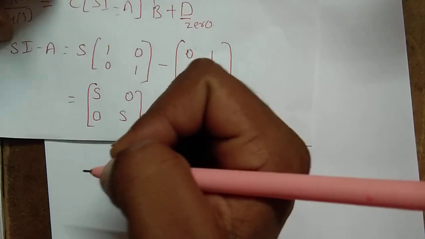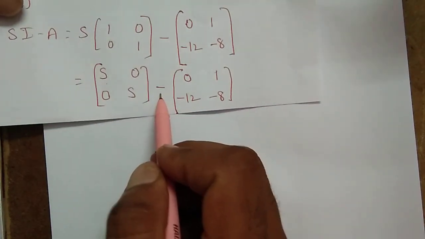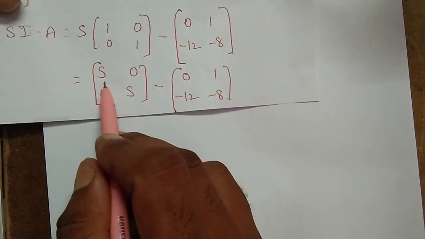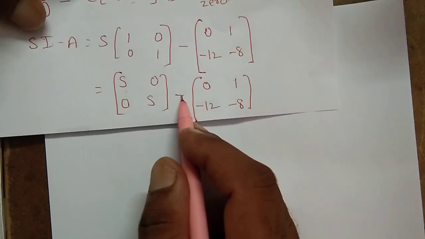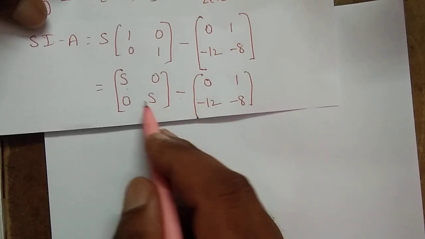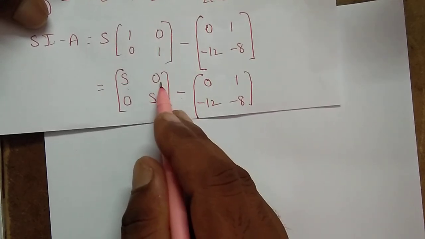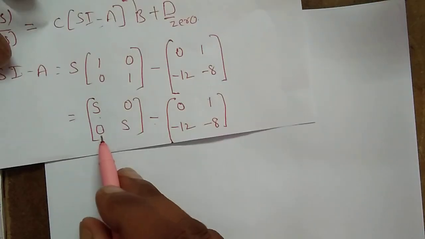See, in this one, s minus 0 gives s. Then 0 minus 1 is minus 1.